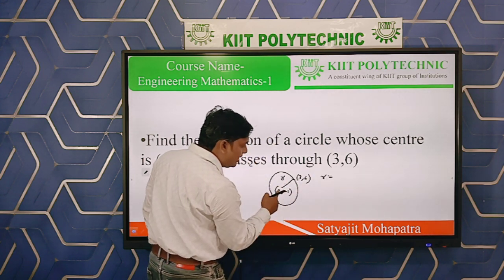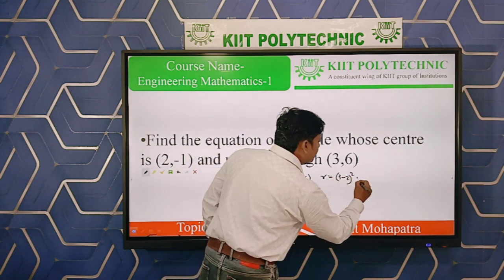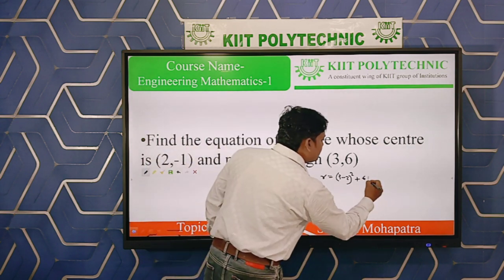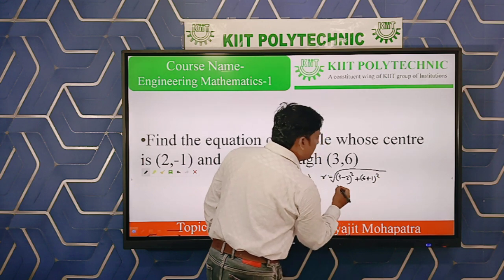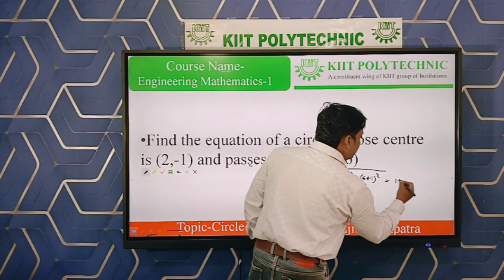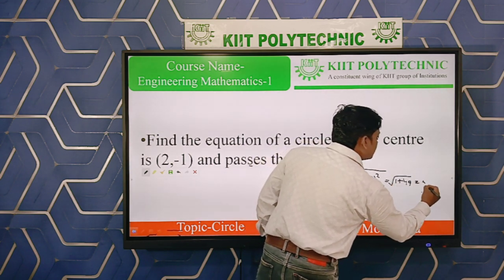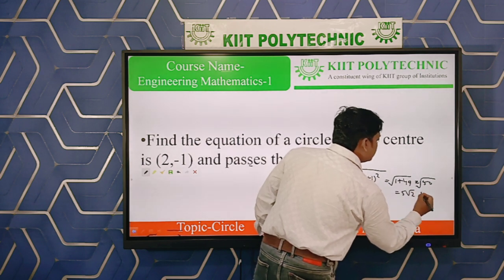The distance is the square root of (x2 minus x1) whole square, that is (3 minus 2) whole square, plus (y2 minus y1), that is (6 plus 1) whole square. After solving, 1 square is 1, 7 square is 49, 49 plus 1 is 50, and the root of 50, all of you know, is 5 root 2.